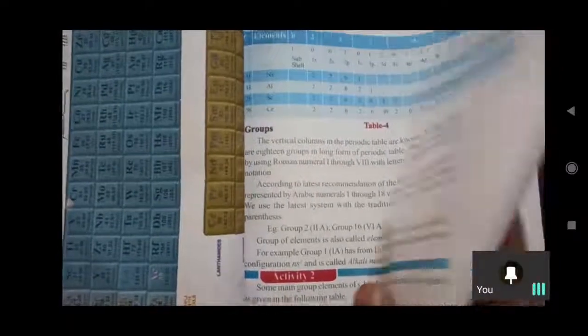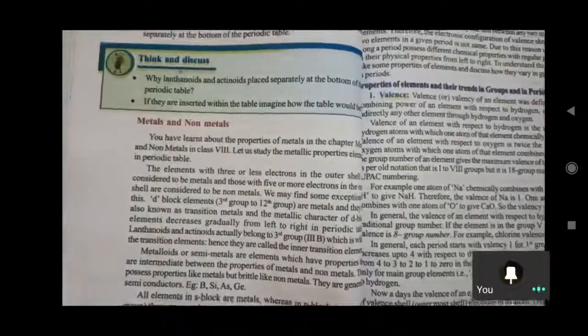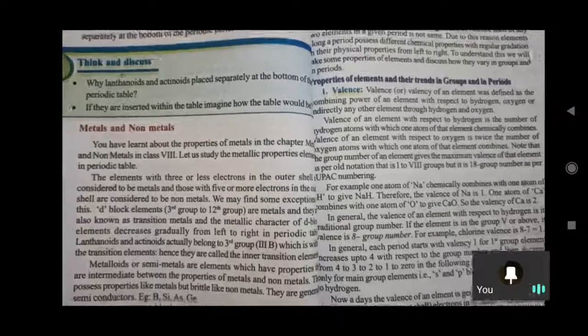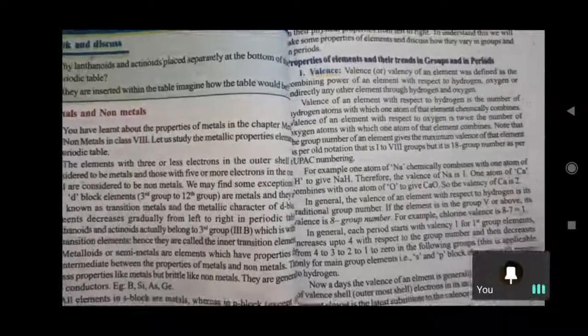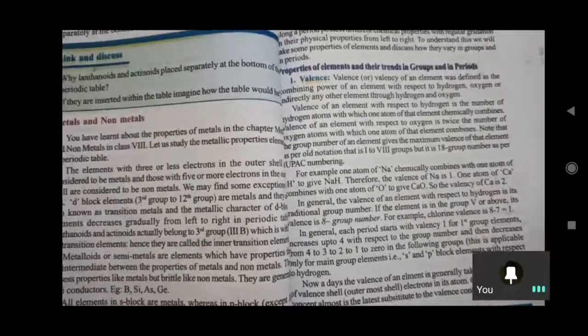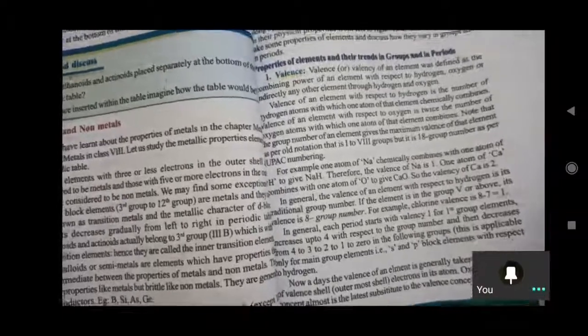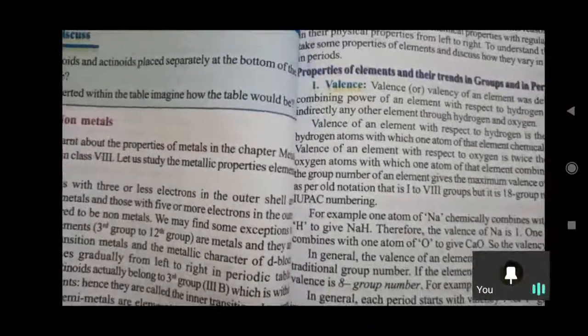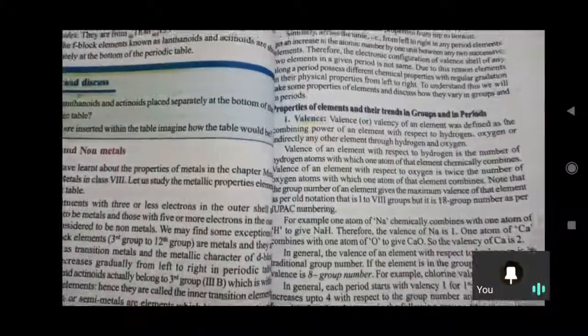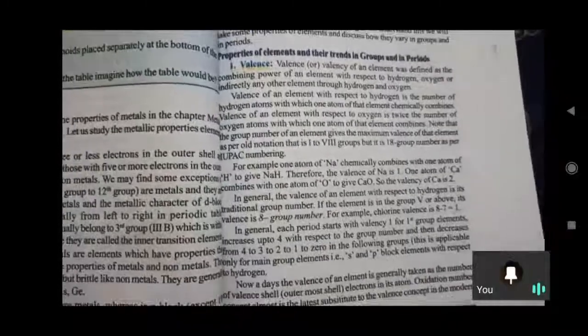And about groups and periods we are going to discuss, and how the metals and non-metals are separated in that periodic table, and properties of those elements, all properties, and about valence also again we are going to discuss, and atomic radius. These all are the properties we are going to discuss in this lesson, useful for the next lesson, chemical bonding.